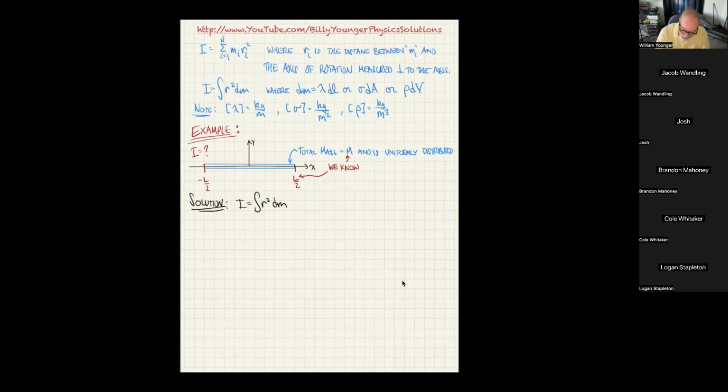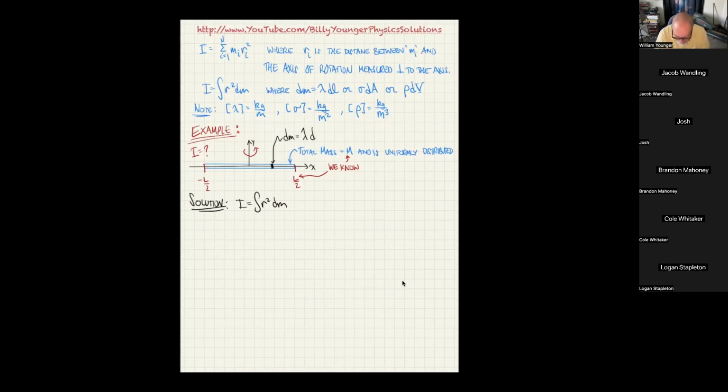I am going to also tell you that the rotation axis is right there. It's the y-axis. So what I'm going to do is imagine a little section right here, and I'm going to call that dm, and I'm going to say that's equal to lambda times dx. Now notice I'm on the x-axis, so I don't need to use some arbitrary dl like it says up there.